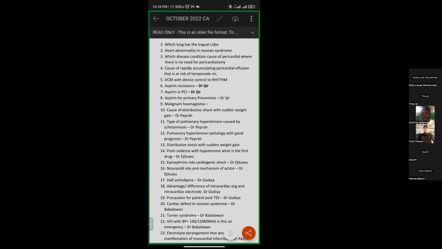Okay, so I don't know, because the effect of COX1 is on both platelet and the endothelial cells.